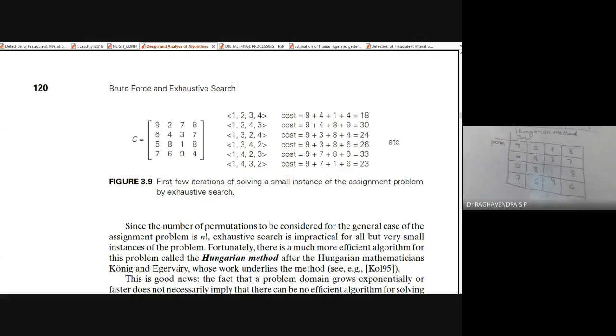So how do we find the optimized combination which provides the minimum cost of assigning these n jobs to m persons? So how to achieve this?